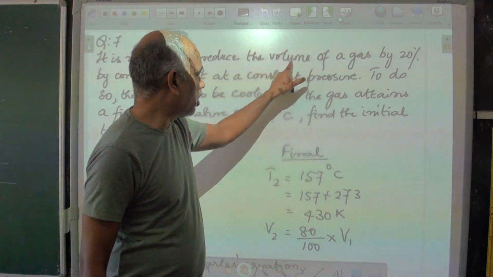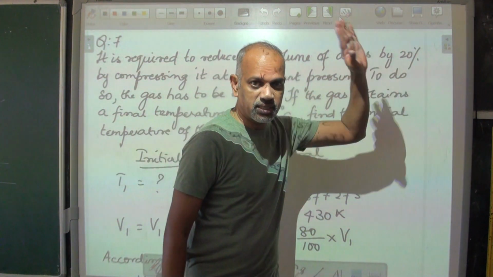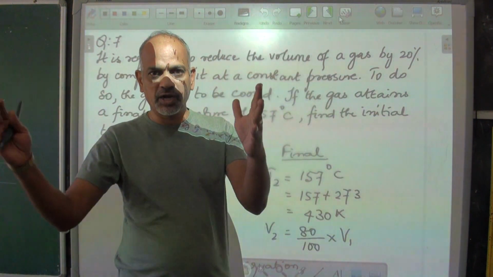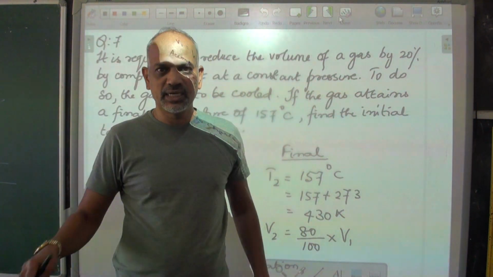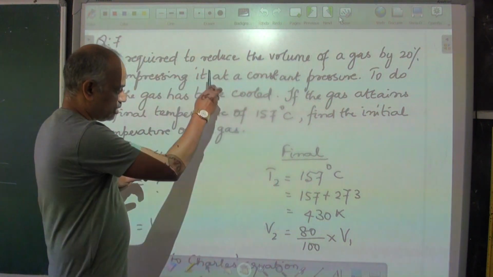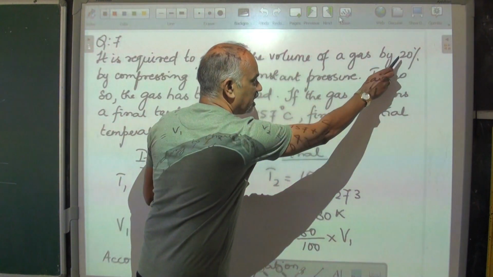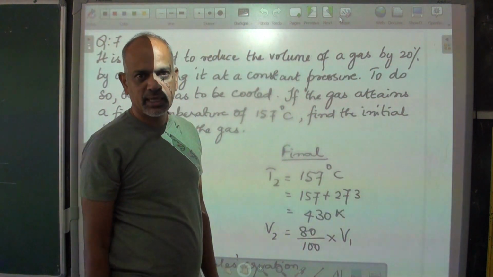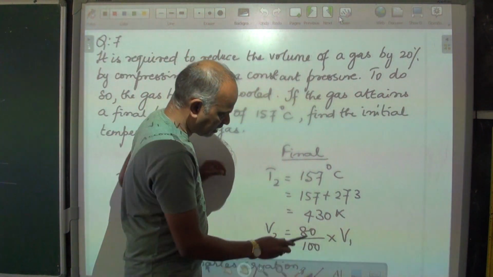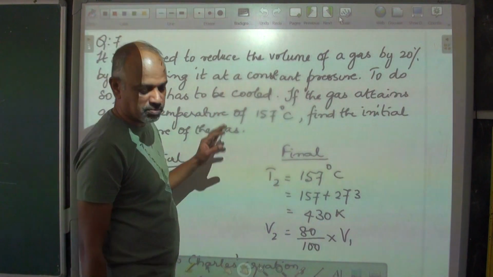Here it says the volume of the gas is reduced by 20%, which means from 100%, 20% is deducted, and it becomes 80%. So the second volume, V2, is 80% of the initial volume, that is 80 by 100 of its initial volume.